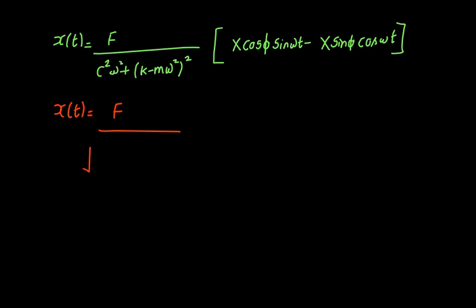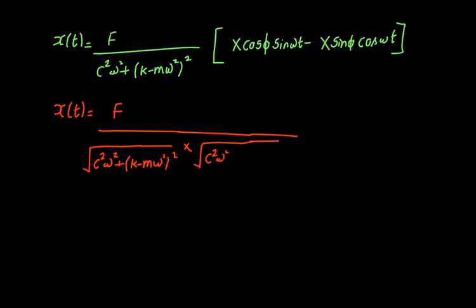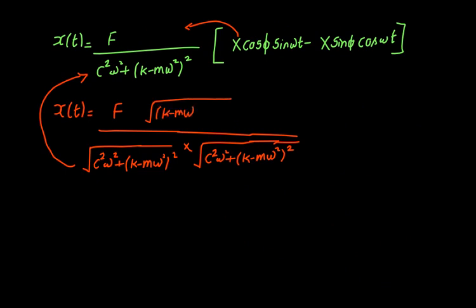In the denominator, that can be written as root of c squared omega square plus (k minus m omega square) the whole square, into root of c square omega square plus (k minus m omega square) the whole square. So root a into root a is just a, and you are going to get this expression back. If you are pulling this X term common outside, we just know what X is. It's the root of (k minus m omega square) the whole square plus c square omega square. That's right.